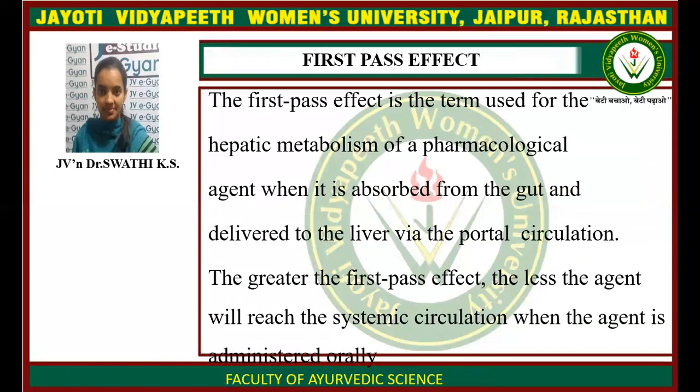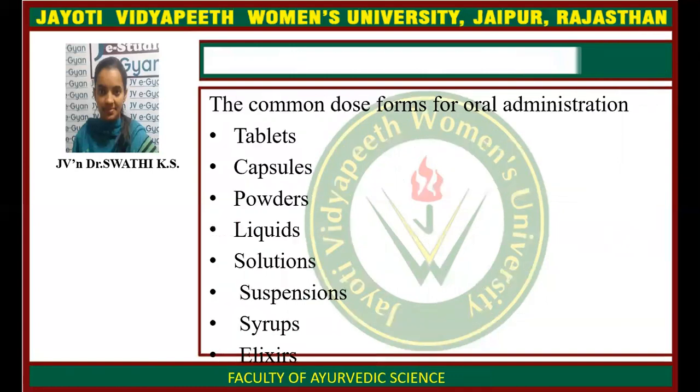So what is the first pass effect? The first pass effect is a term used for hepatic metabolism of a pharmacological agent. When it is absorbed from the gut and delivered to the liver via the portal circulation, the greater the first pass effect, the less the agent will reach the systemic circulation when the agent is administered orally.